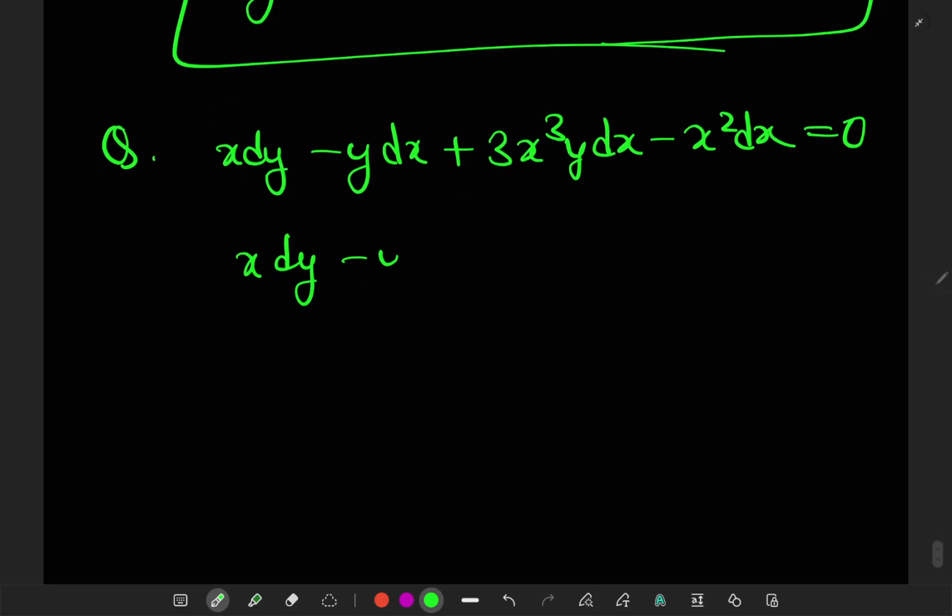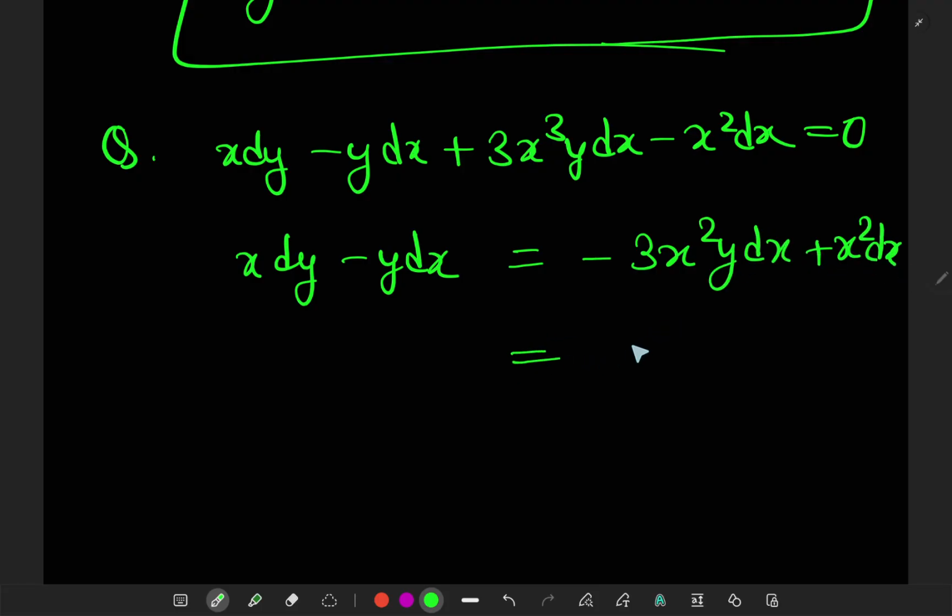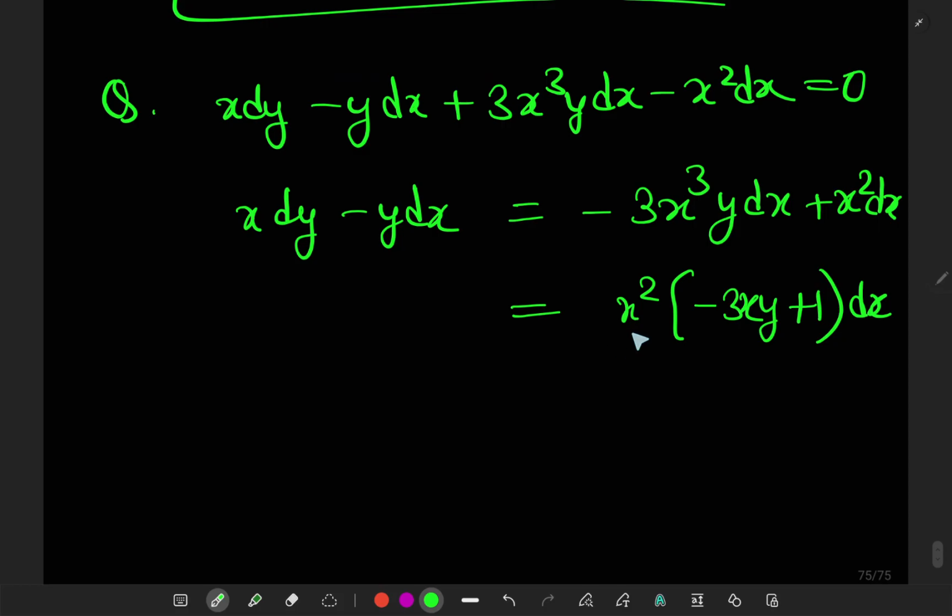Here we can write like that. Taking common x square and dx, now this x square goes here.